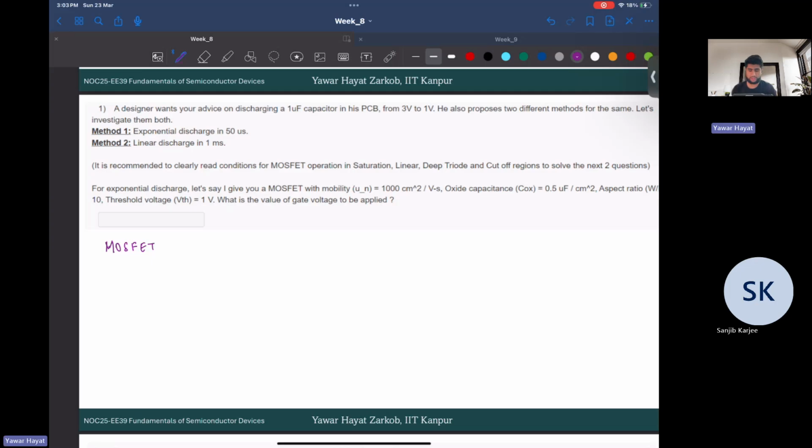Your MOSFET has to behave as a resistor for exponential discharge.